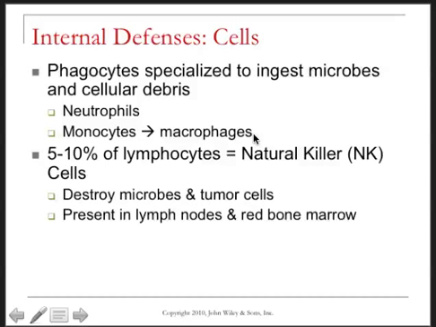The natural killer cells are part of a very important function of the immune system called immune surveillance. Basically, the immune system, the cells of our nonspecific and specific immunity, sort of walk the beat of the entire body looking for anything unusual.